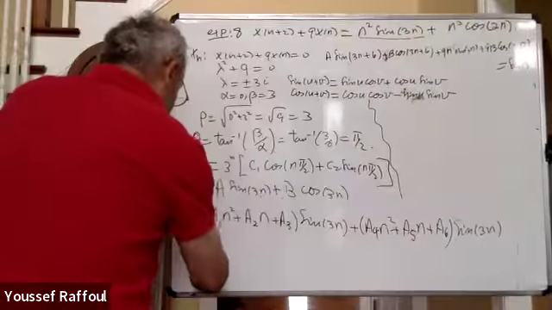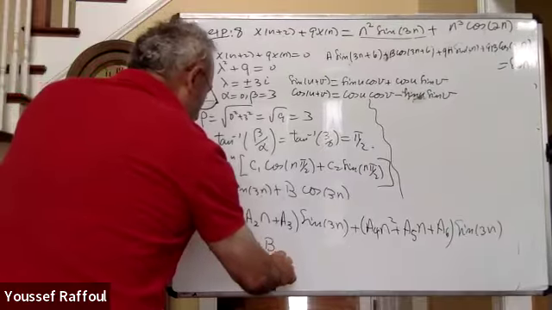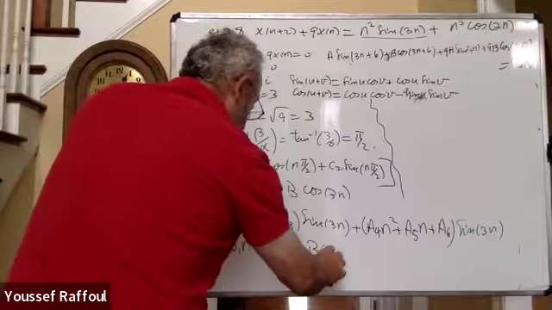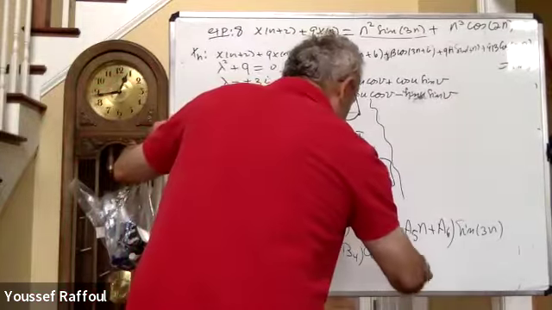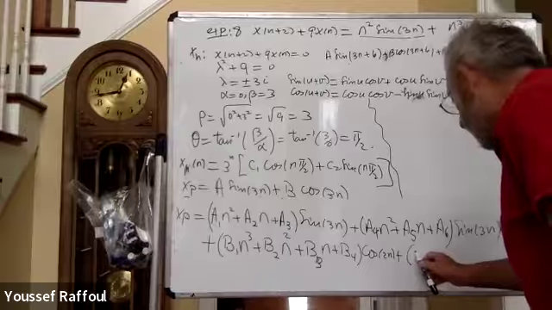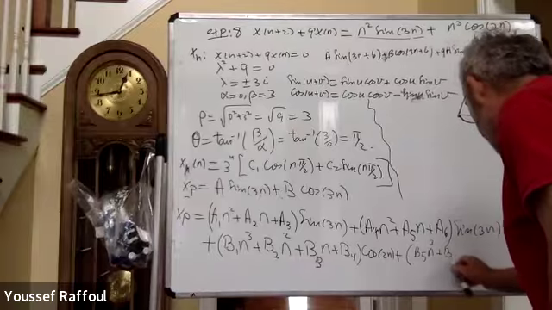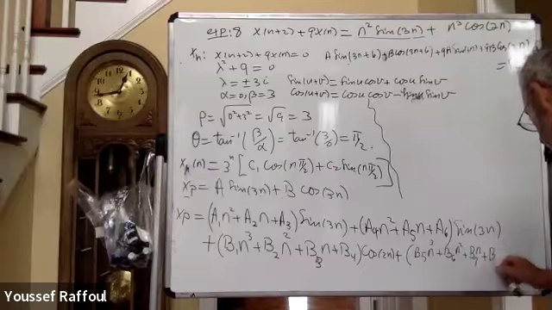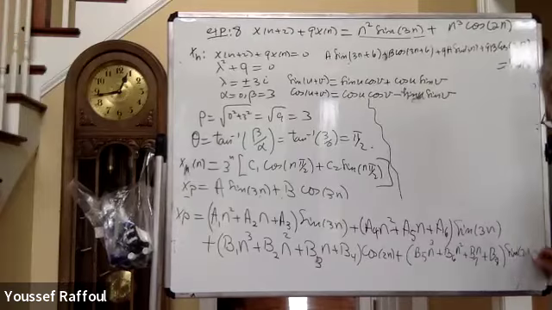I need to do the n cubed term. Plus b1 n cubed plus b2 n squared plus b3 n times cosine 2n, plus, I need the sine part of it, b5 n cubed plus b6 n squared plus b7 n plus b8 times sine 2n.